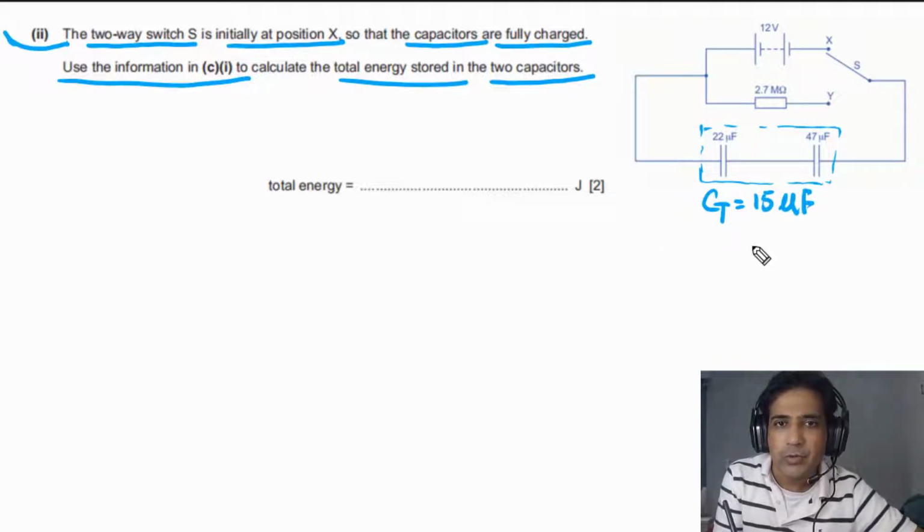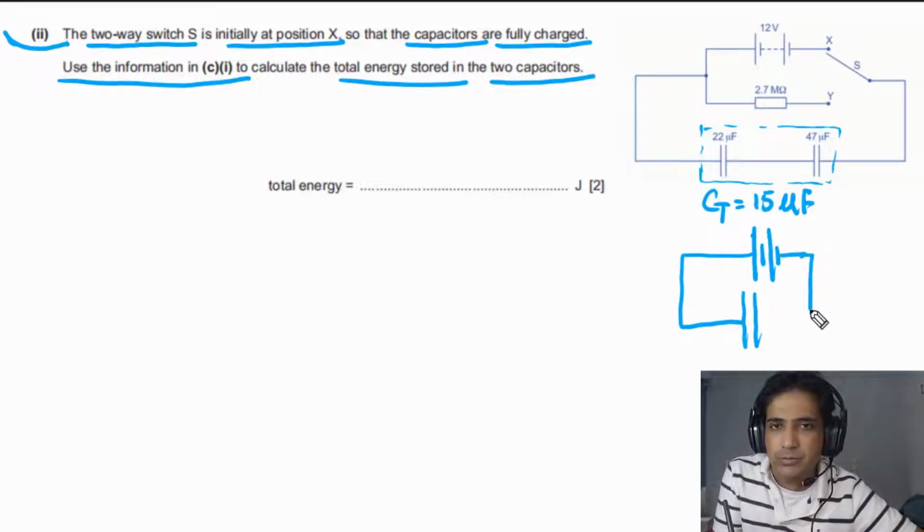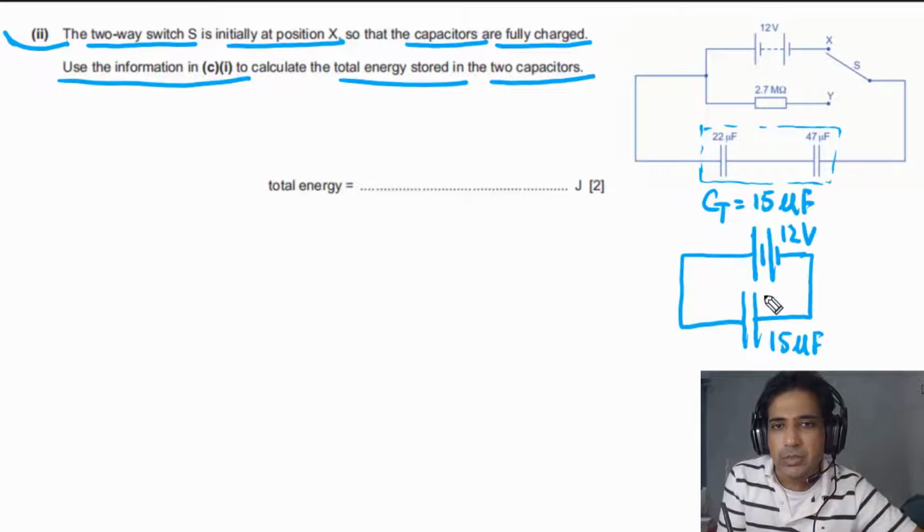Let me redraw the circuit. In this circuit, you can replace this with one capacitor. So this is our C total. The EMF of this power supply is given, that is equal to 12 volts. And the total capacitance of this one is 15 microfarads. Now we need to calculate the total energy stored in this capacitor when it is fully charged.